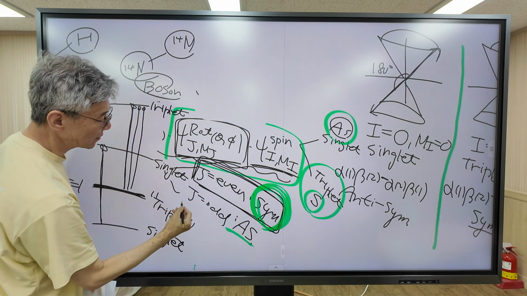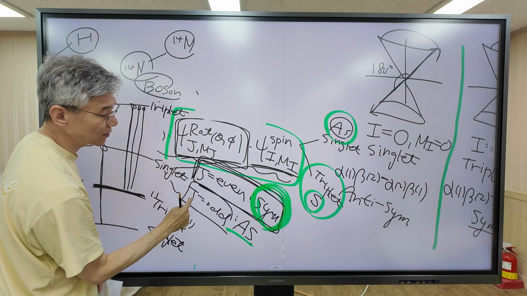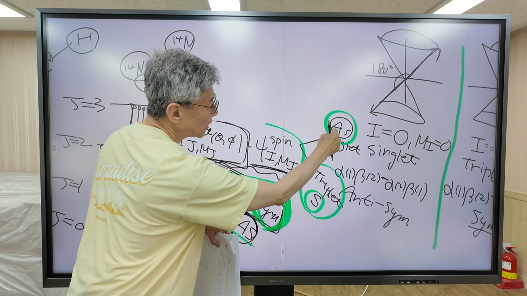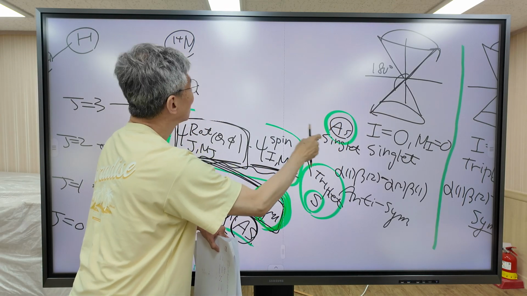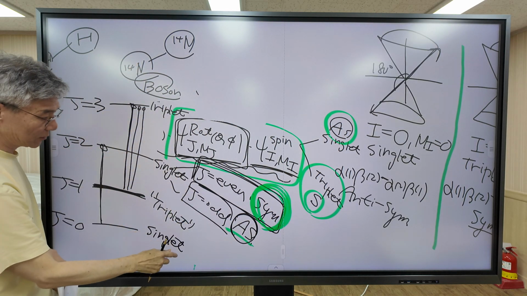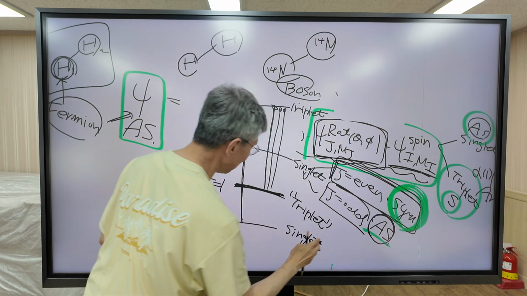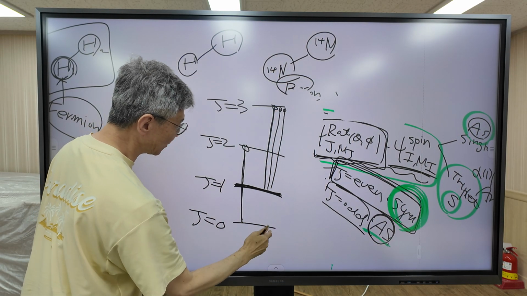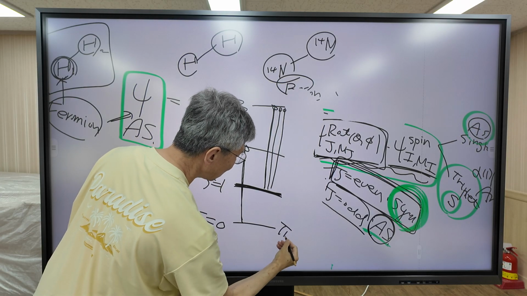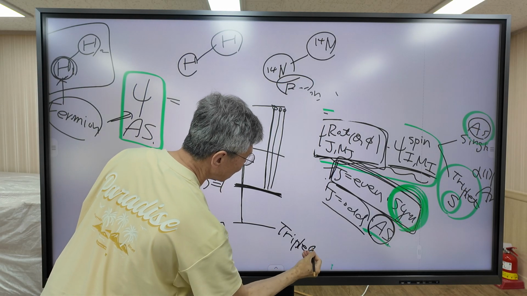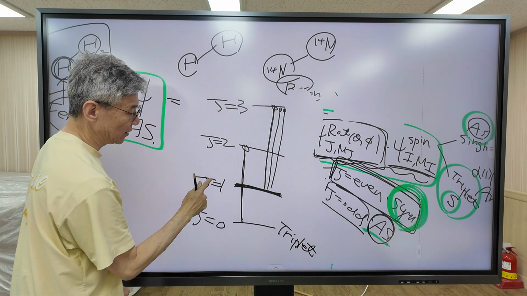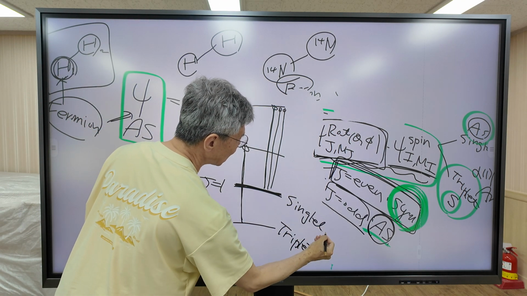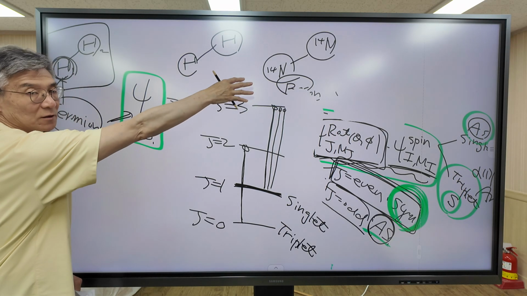And the rotational state with odd number J, which is antisymmetric, must pair with antisymmetric singlet state for nitrogen molecule. So in this diagram, in nitrogen molecule, J equal 0 state must couple with triplet state, and J equal 1 state couples with singlet state for nitrogen molecule.